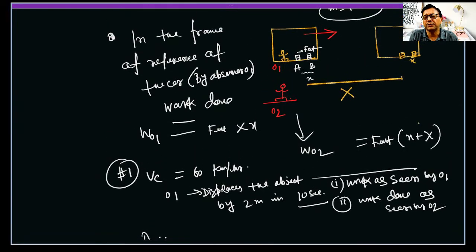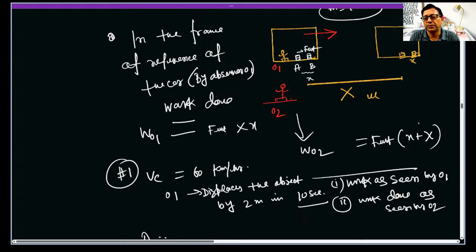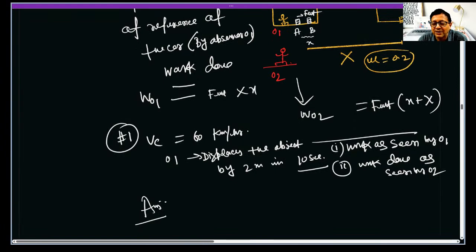I forgot to give the friction coefficient. Mu is equal to 0.2 here. To move, a frictional force is there, that is 0.2. So the work done by the external agent against the friction, work done by observer 1, W O1, this observer who is situated in the car, and the work done with respect to this observer, different frame, different work done.